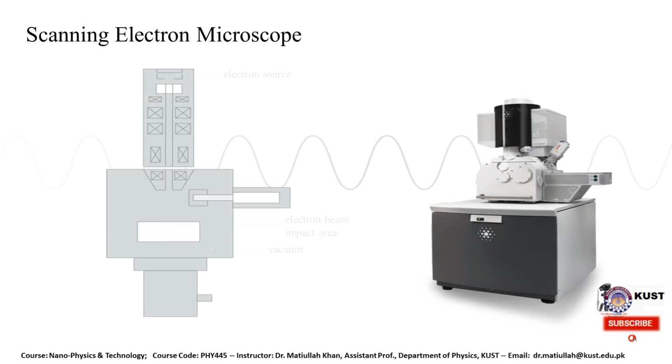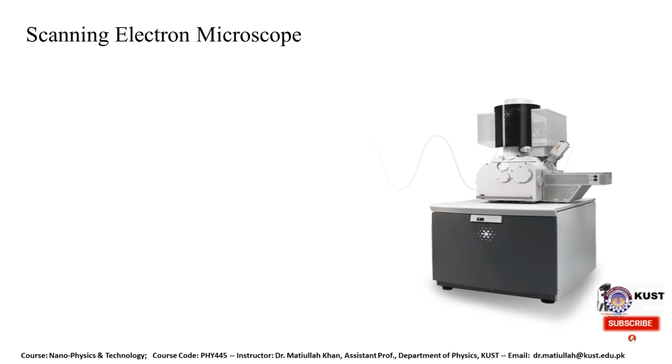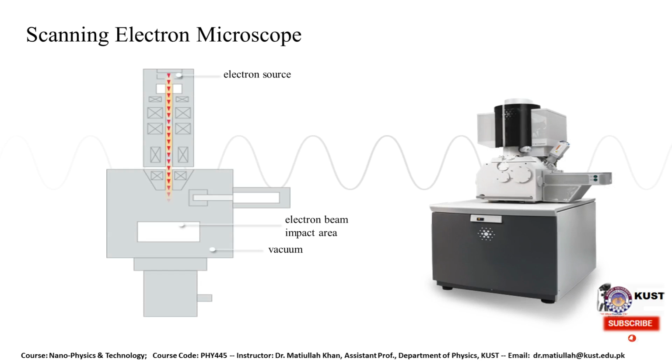This is an image showing the working process of the scanning electron microscope. In this microscope, the electrons are produced in the electron gun, which is also called the electron source. These electrons are accelerated along a particular direction with the help of an electric field, and further directed with the help of electric and magnetic fields.